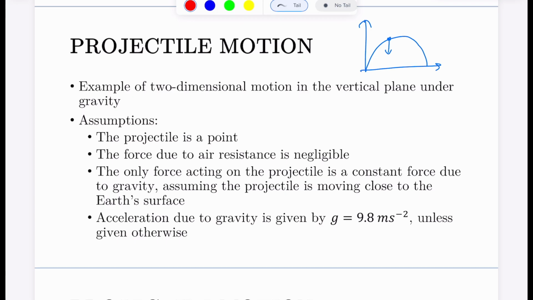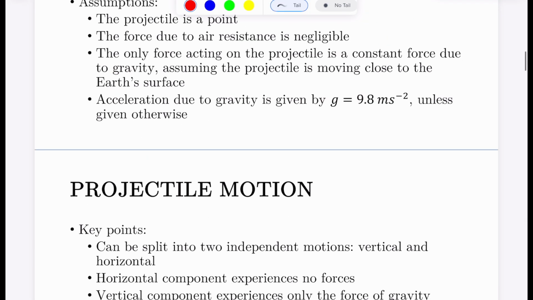So sometimes they'll specify it to be 10 meters per second squared, or sometimes we'll be doing just pure calculations and having the acceleration as g in its algebraic form when we go to derive different formulas. So those are the assumptions that come with projectile motion.